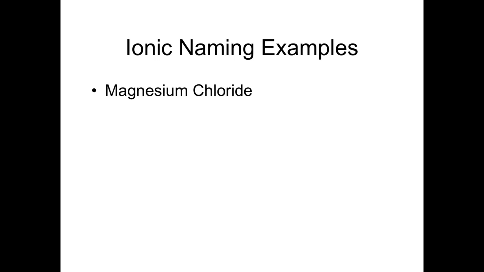Now, when we look at magnesium chloride, we already know we have magnesium and chlorine bonded together. It's important to look at the charges that you can have on the periodic table.